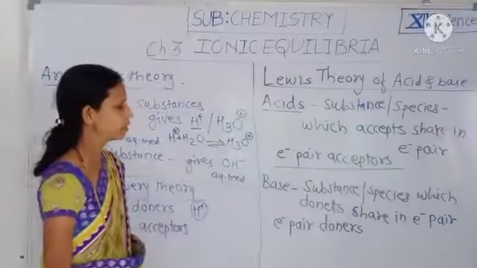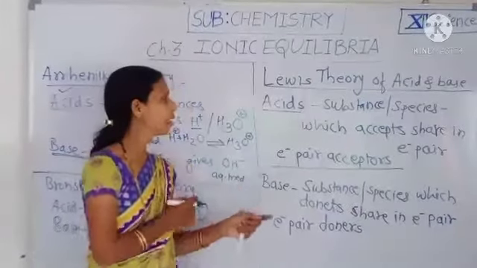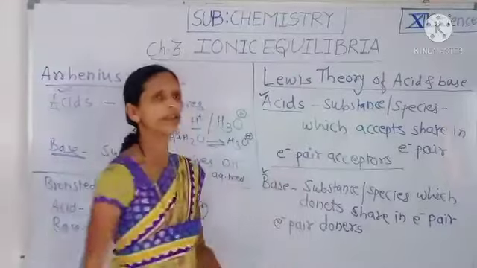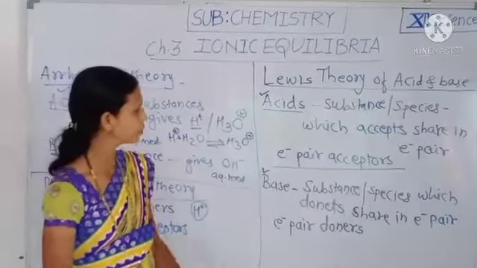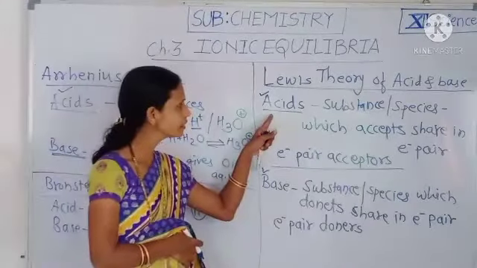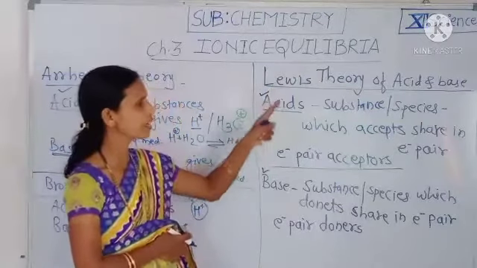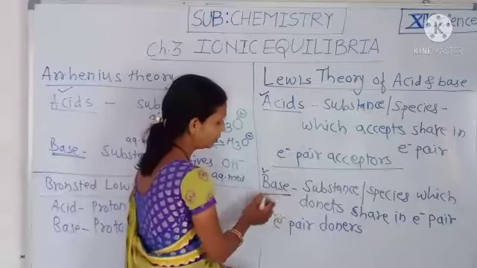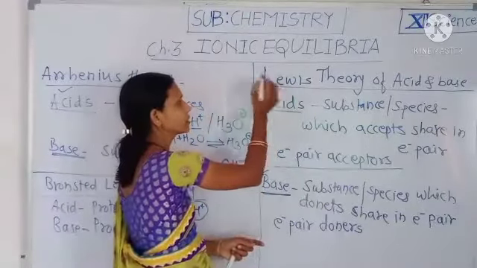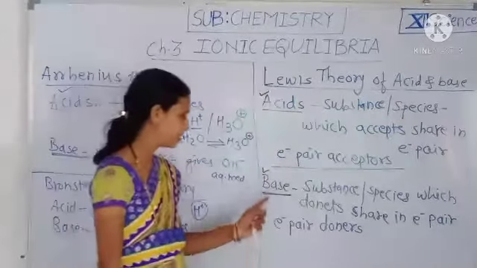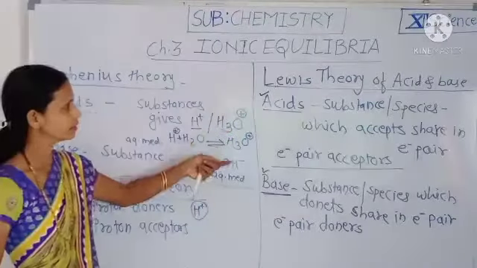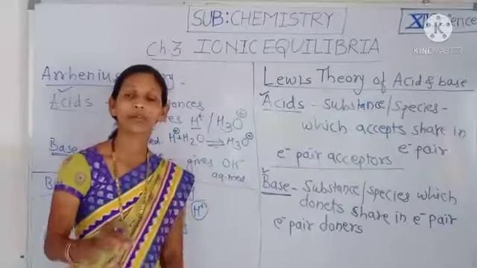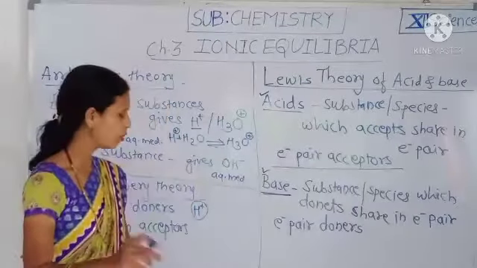This is the concept of acid and base explained by Lewis theory. Therefore, the acids according to Lewis theory are called Lewis acids, and the bases according to this theory are called Lewis bases. Lewis acid and Lewis base can be explained by taking one example.